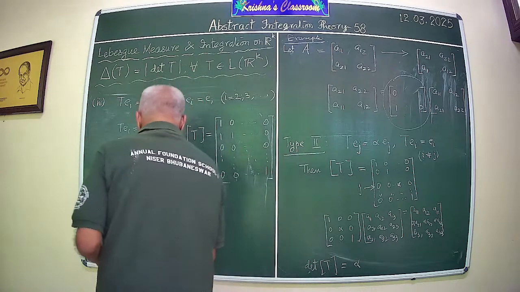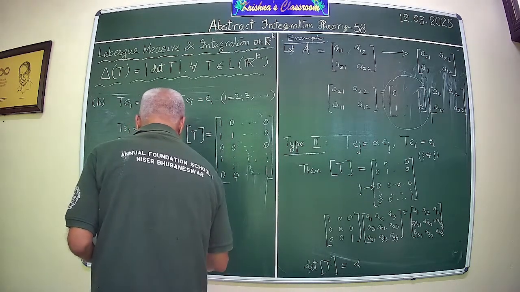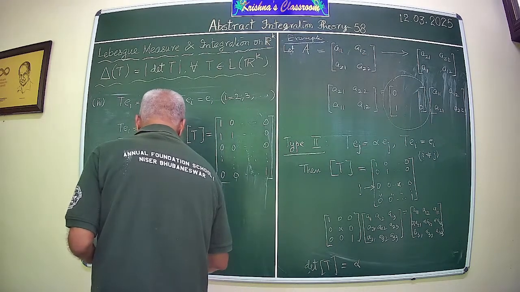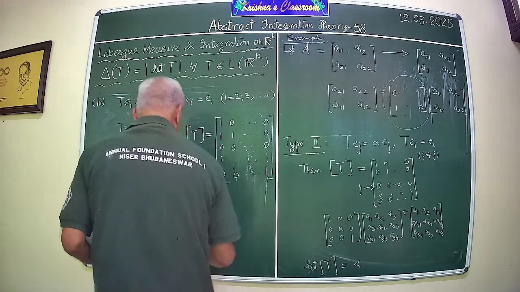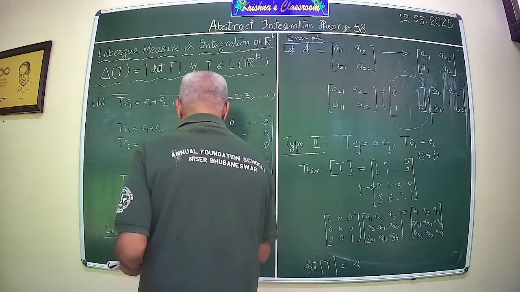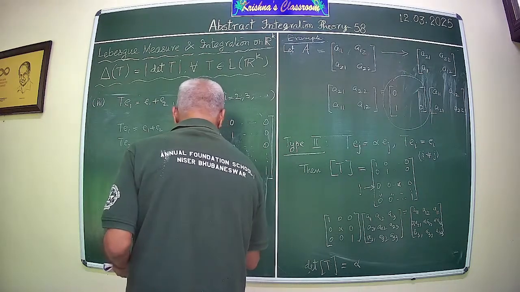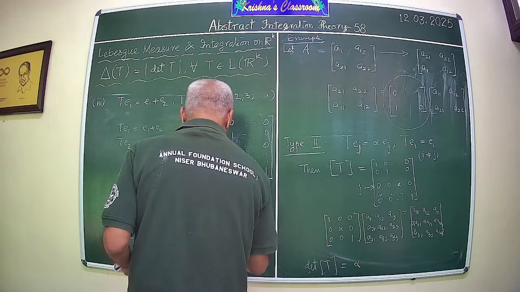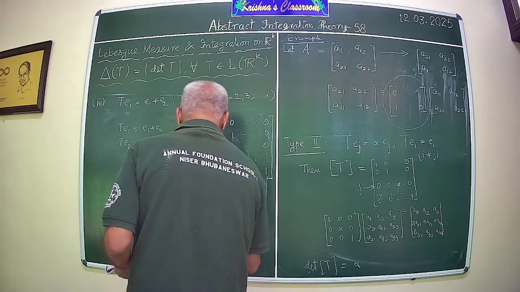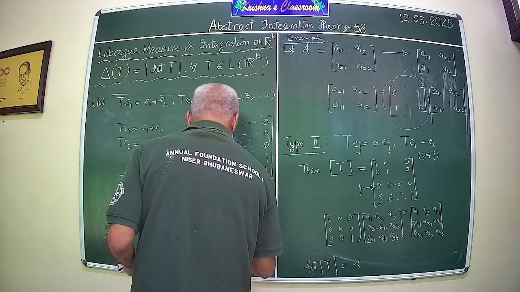Suppose you use this matrix 1, 0, 0, 1, 1, 0, 0, 0, 1 and multiply, say alpha 1, 1, alpha 1, 2, what do you get?